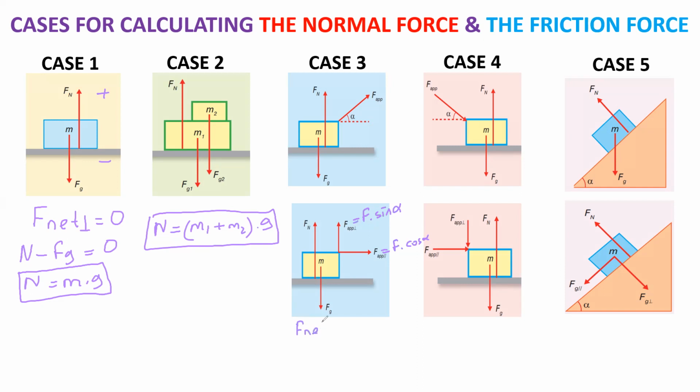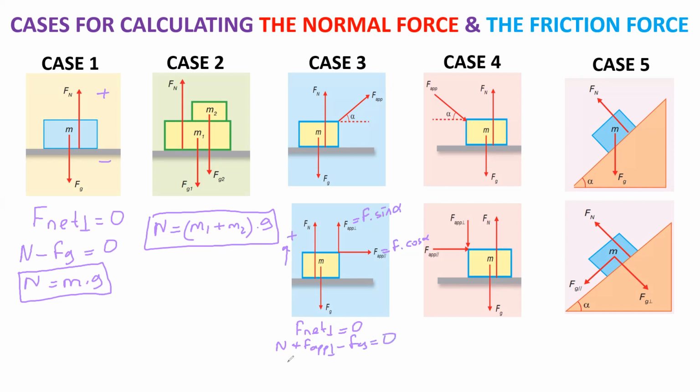F net, because the object is not going up and down, perpendicular motion is 0, acceleration is 0. So you can write, let's say up positive, we are choosing our direction: normal force plus F apply perpendicular minus Fg equals 0.